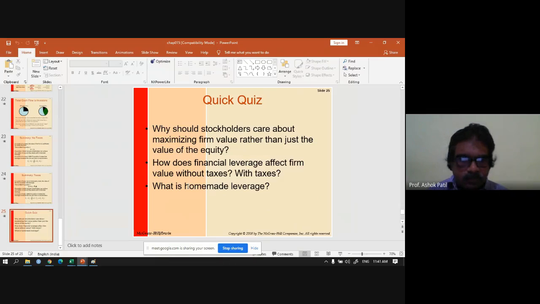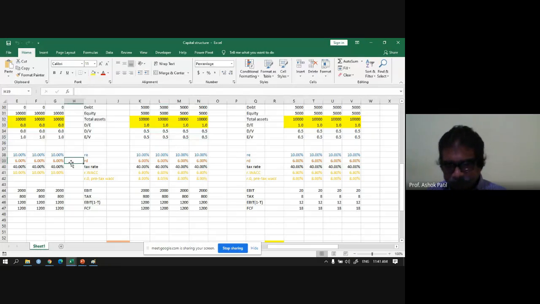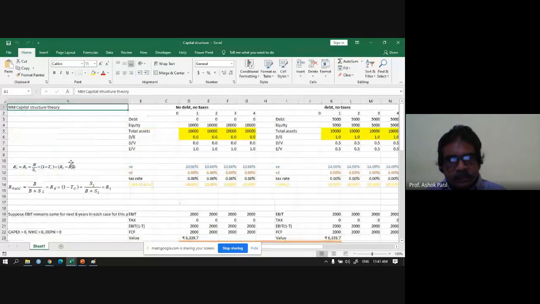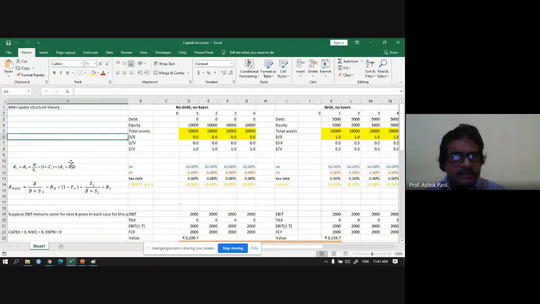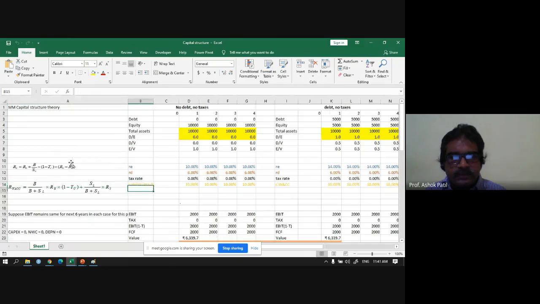So be prepared. Tomorrow I'm going to show you the calculations. In fact, I wanted to show this to you. Can you see the Excel sheet? Yes, sir. This calculation uses the capital structure theory, and this is an illustration of how it affects or does not affect the WACC. You can see RWACC 0, then RWACC with the taxes, without the taxes, with the debt, without the debt, and all that will be shown here.